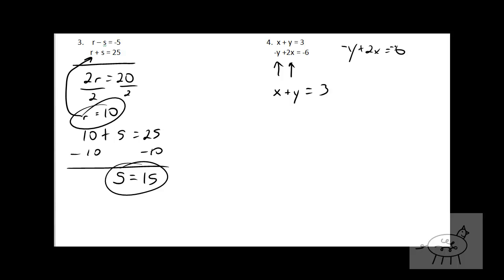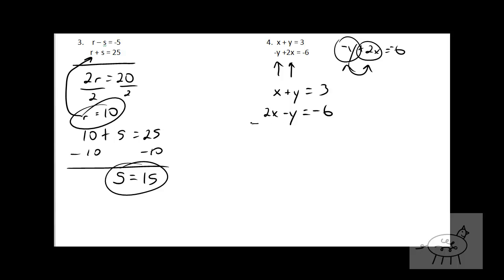The variables are on the left side. You don't even have to worry about that. But they're in the wrong order. So switch it around. So instead of saying negative y plus 2x, you're going to say 2x minus y equals negative 6. Okay, so again, I just literally swapped these two and got my 2x minus y equals negative 6.